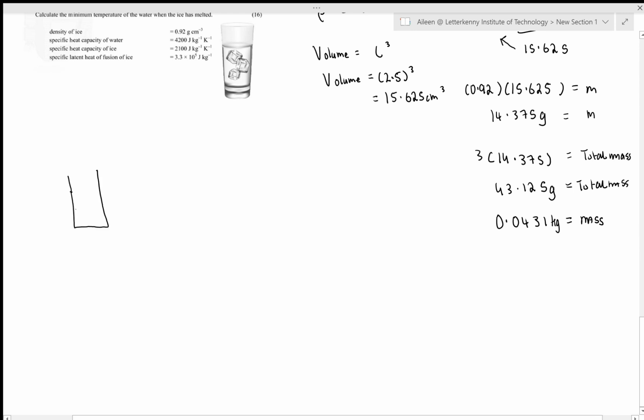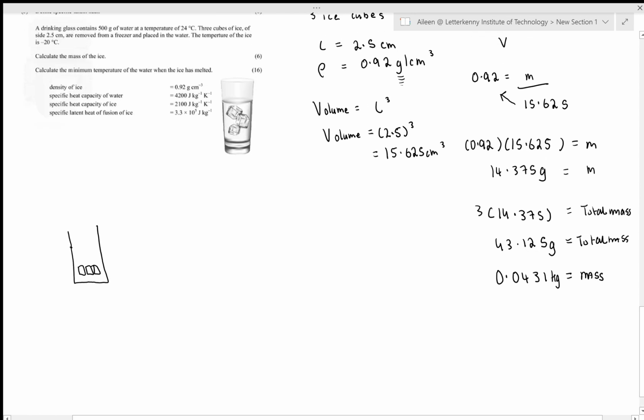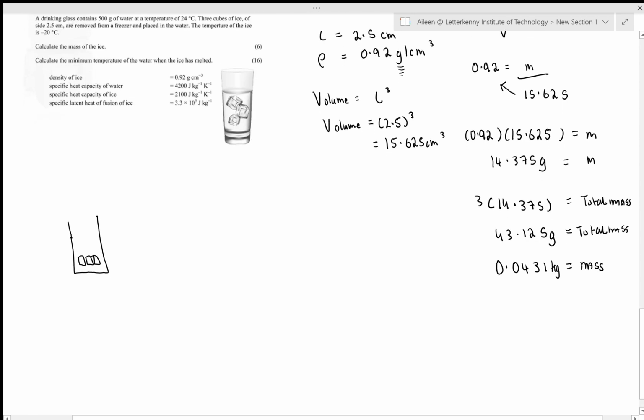So again, we have our diagram. So we have our ice, and it's in water, or water is at a temperature of 24 degrees. We know that energy lost is equal to the energy gained.